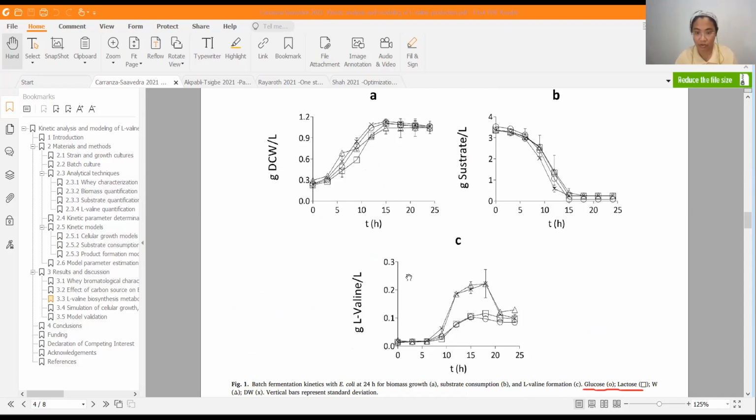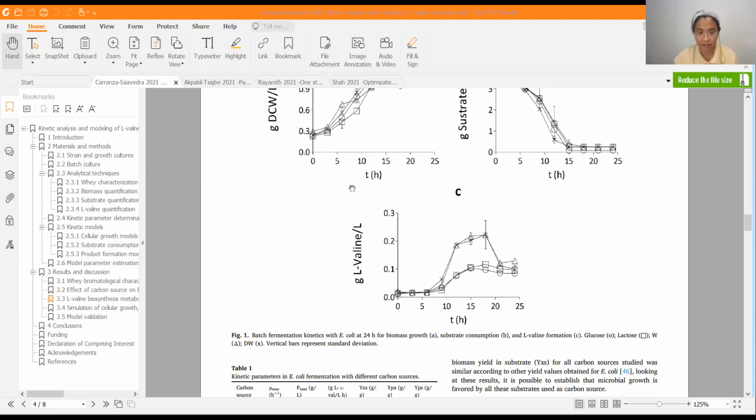They use glucose and they use lactose down here. So they want to compare whether the values they get from glucose and lactose for the parameters are different. So they're doing some type of comparison.